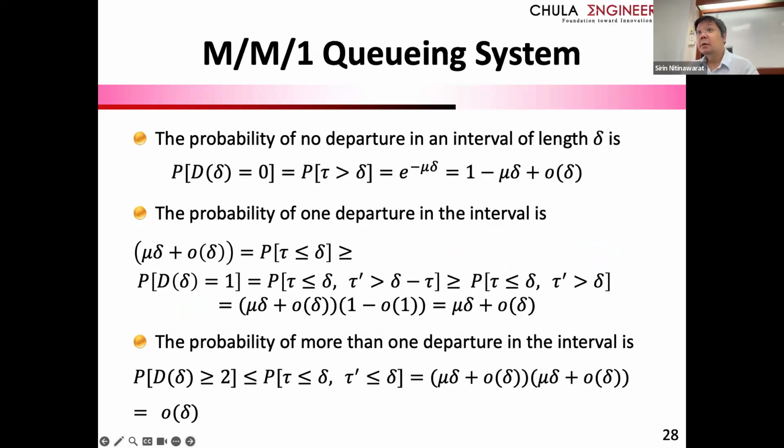This is probability. I'm saying that this probability will upper bound that probability.